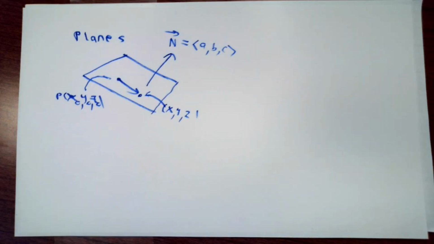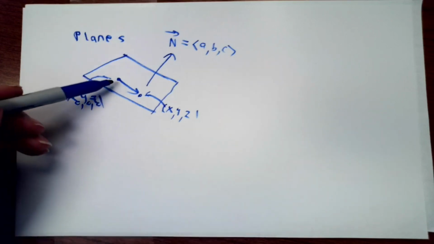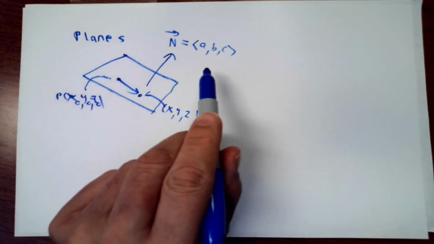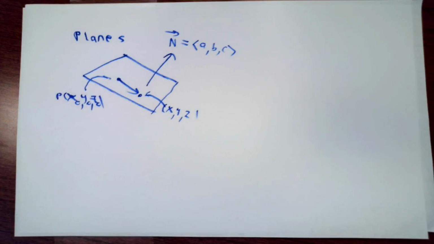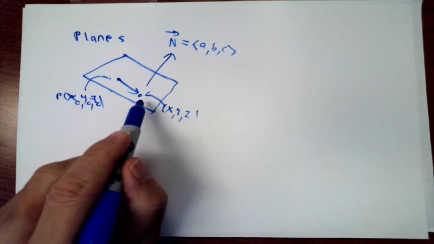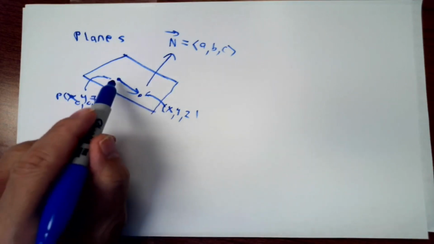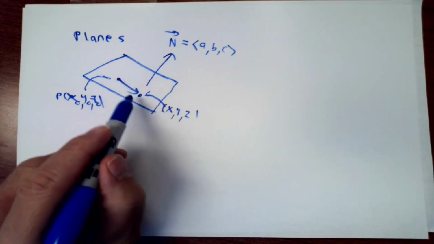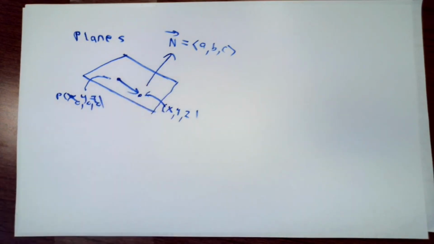In order to know the equation of a plane, I need to know a point of the plane, and I need to know a normal vector, a vector that is at right angles to the plane. The idea is, if I take any other point of the plane and form the vector between the 2 points of the plane, it must be at right angles to the normal vector.